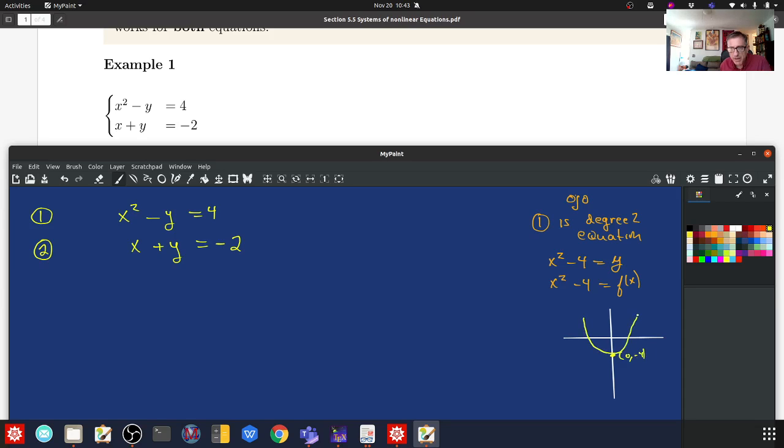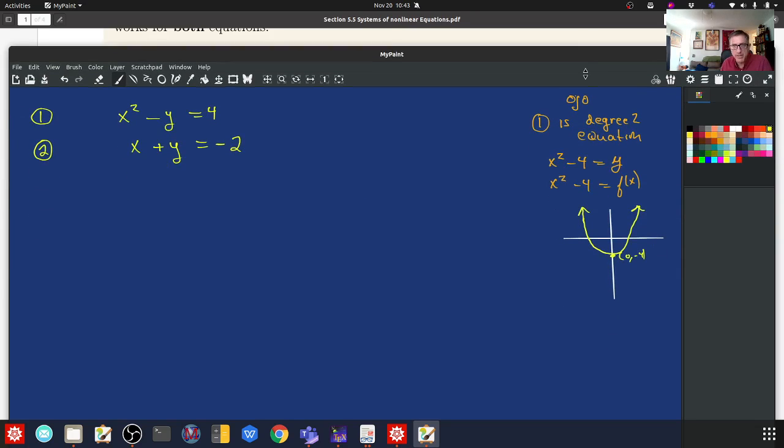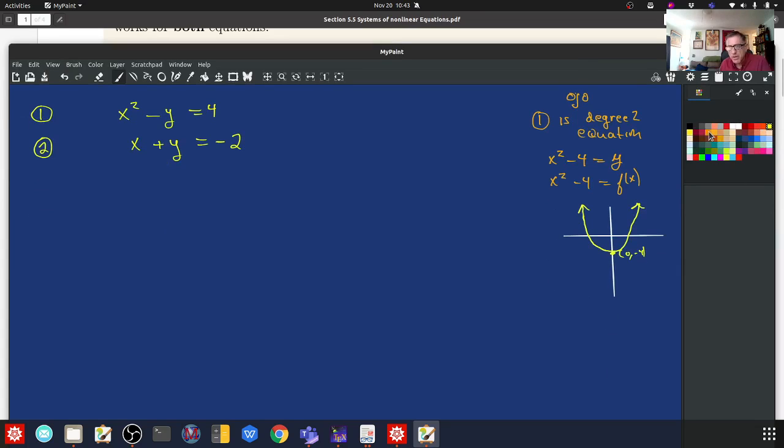It's going to be a parabola that opens up. On the other hand, equation 2 is linear. Indeed, it's y is equal to minus x minus 2. So minus 2 is going to be its intercept.